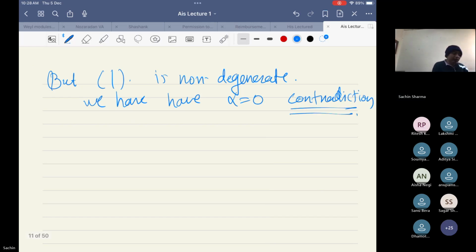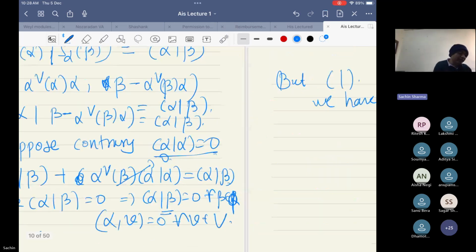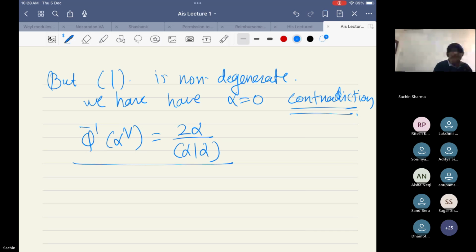Yeah. So if you have a W invariant form which is non-degenerate, it is evident that your roots will have their inner product with themselves non-zero. Okay. Now the more crucial thing is that we need to prove that phi inverse of alpha check is nothing but 2 alpha by alpha alpha. How do you go for it?